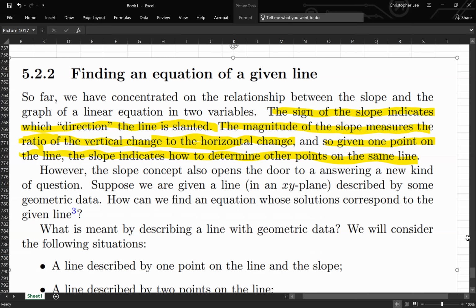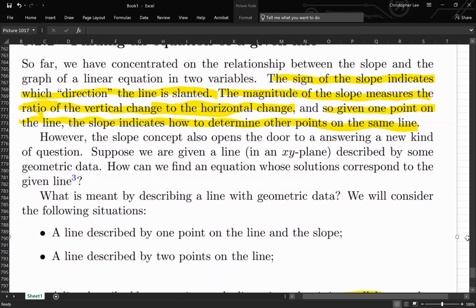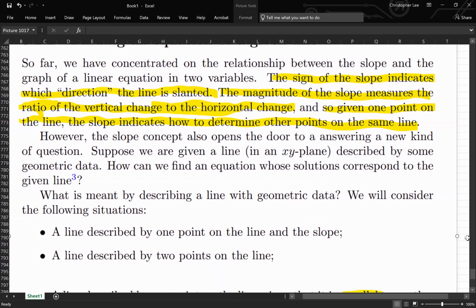However, the slope concept also opens a door to answering a new kind of question. Suppose we're given a line in the XY plane described by some geometric data. How can we find an equation whose solution corresponds to the given line?